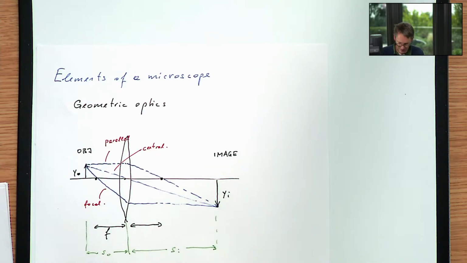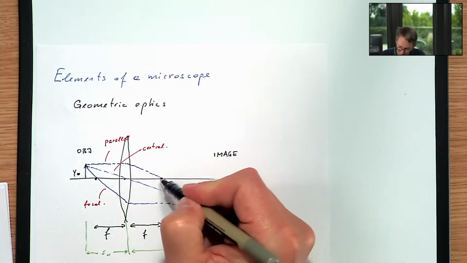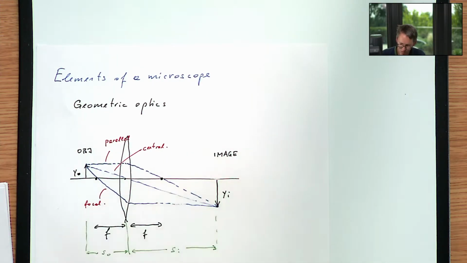Then from Newton's lens formula, you might remember, let me just draw in again, that was f as well. That's called the back focal plane. That's the front focal plane of the lens. So this might be the objective here. And then you get a real image formed at this position.